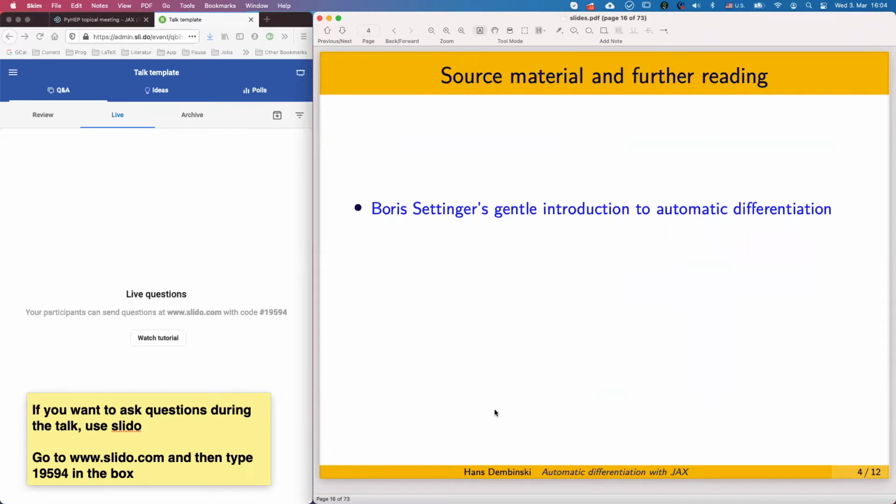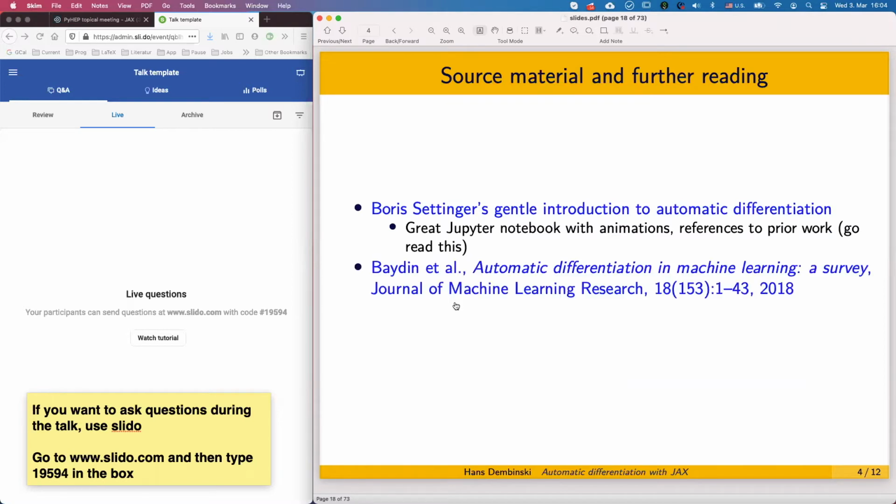So I built this talk based on very nice online tutorials that are already out there. If you want to go into more detail, I can really recommend this general introduction by Boris Settinger. You can just follow the link. It's a Jupyter notebook with animations, and it's really nice.